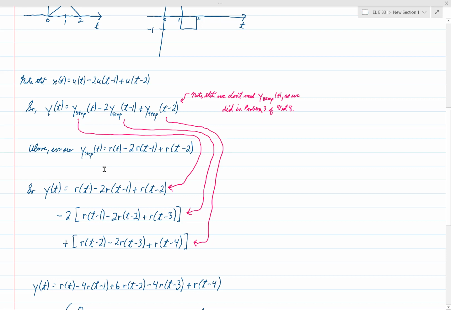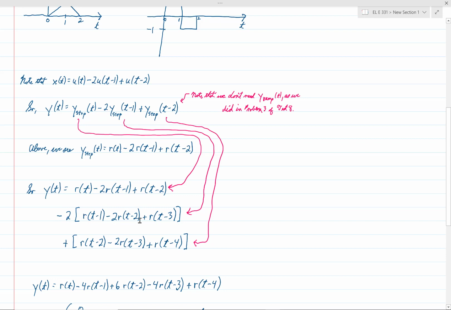And so now let's look in a little more detail. Okay, the first line is supposed to be y step of t. And you can see that indeed this first line here exactly matches what we have for y step of t. Exact match there and here. Now, the second line, as we said, is minus 2 y step of t minus 1. So you see the minus 2 here.